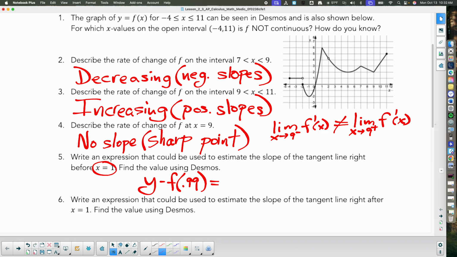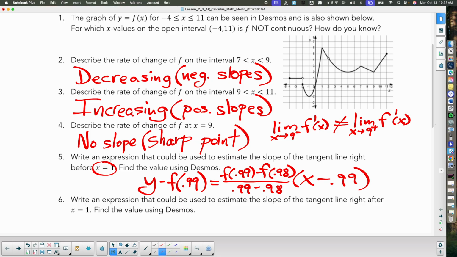The slope would be f of 0.99 minus f of 0.98 over 0.99 minus 0.98, which would be 0.01, times x minus 0.99. So that would give me the tangent line. Even if I don't know the graph, I could type those in to figure it out.